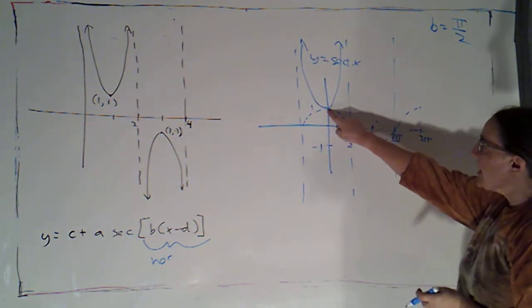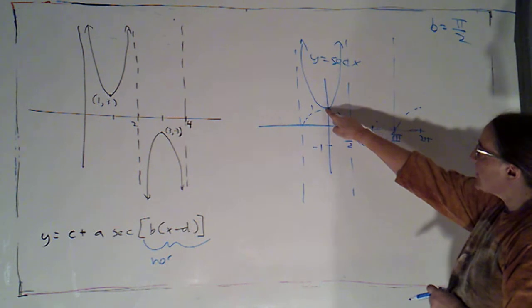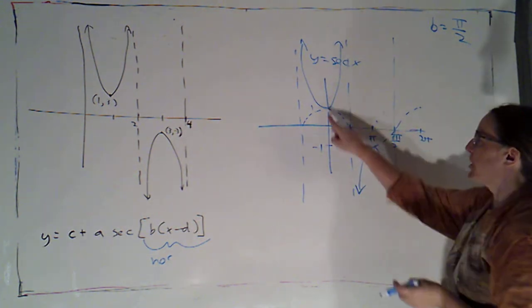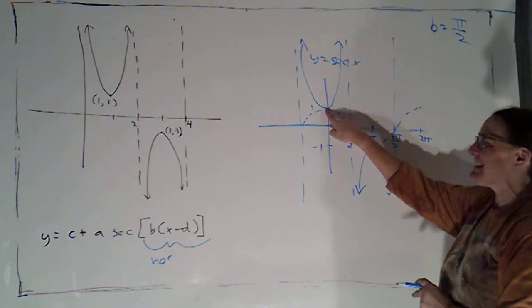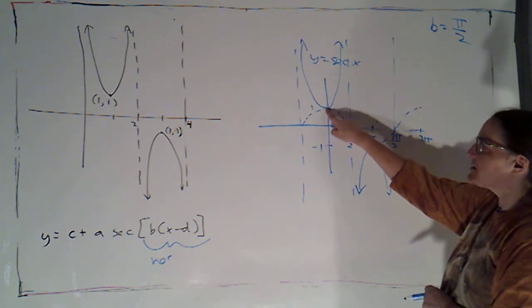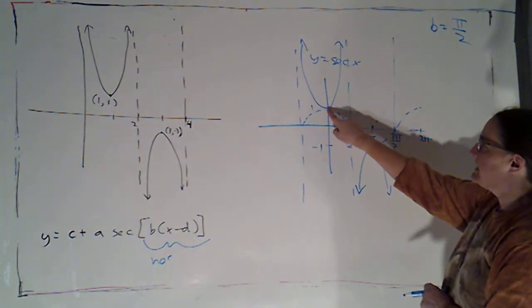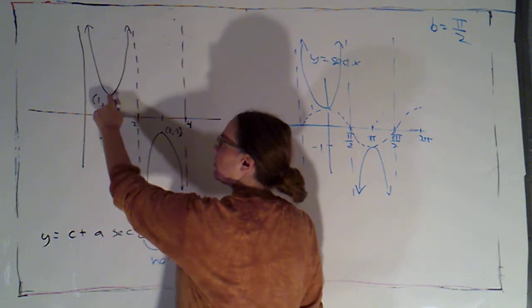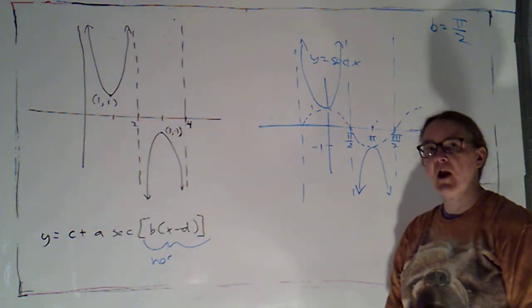So this low point of secant is what was originally at 0. It's easiest to see how I shift things if I take a look at where that gets moved to. And I can see that this low point actually got shifted over 1 unit to the right.